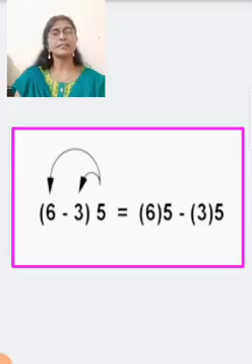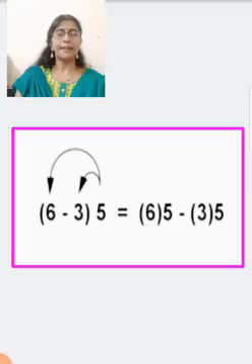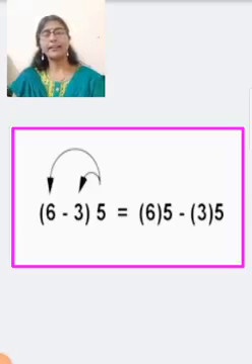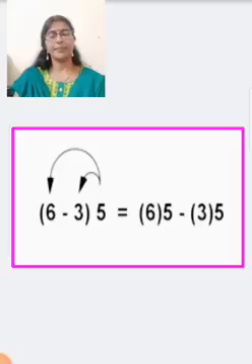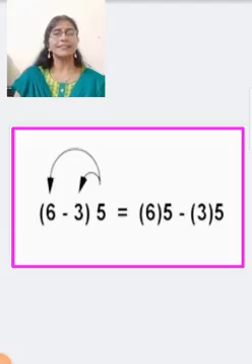So that means 5 has to be multiplied by 6 also as well as 3 also. And there is a subtraction sign inside the bracket. So it will be 6 into 5 minus 3 into 5. So when you work out, it will become 30. 6 5s are 30 minus 3 5s are 15. So 30 minus 15 is 15.